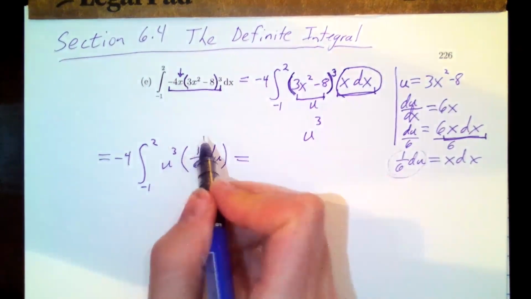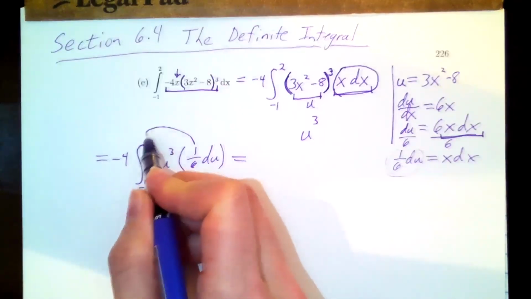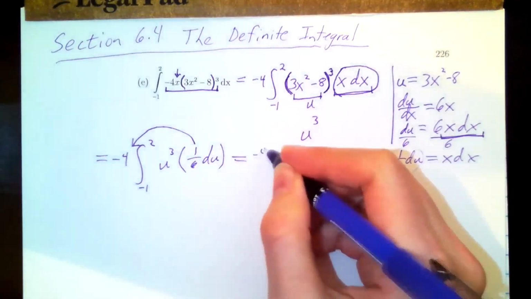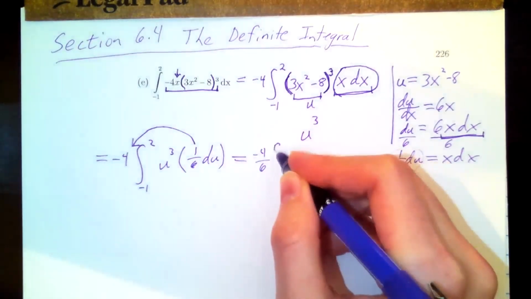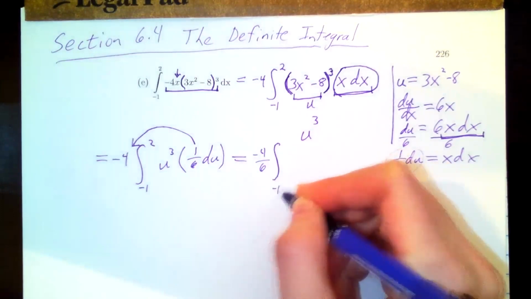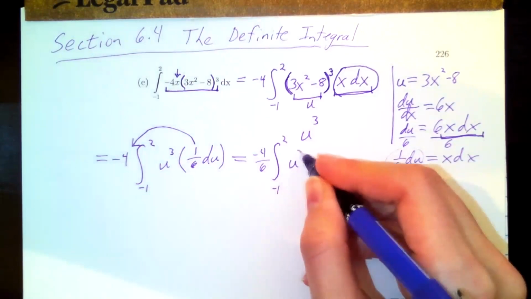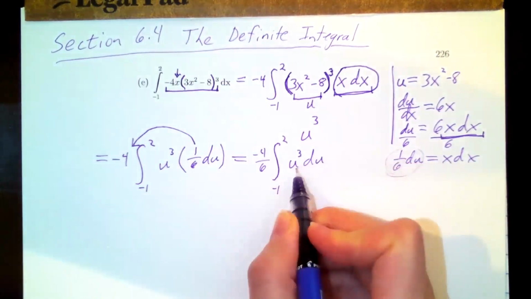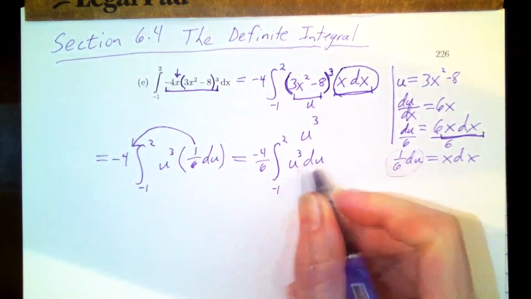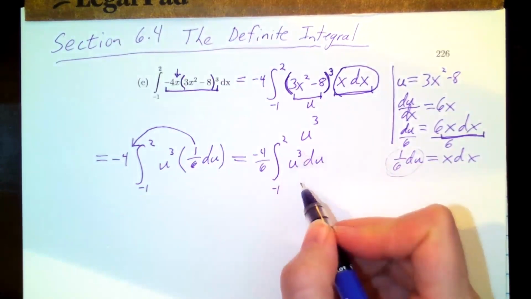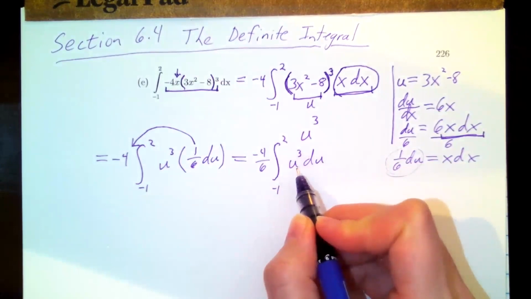If we take this 1/6 now and move it out to the front, that becomes -4 times 1/6, which is -4/6, times the integral from -1 to 2 of u cubed du. Now, this looks like something I know how to handle. This is u to the third power, similar to x to the third power. So this is a simple power rule.